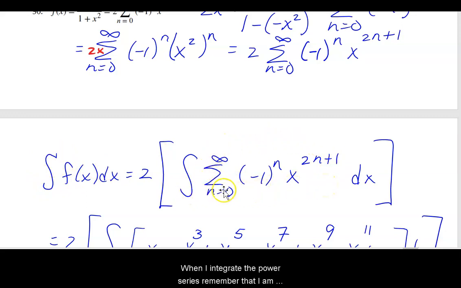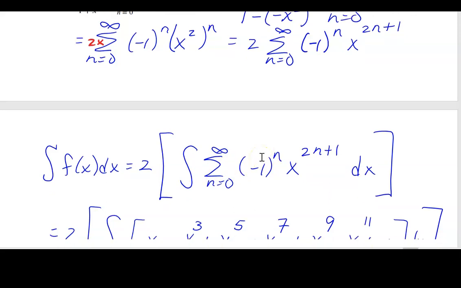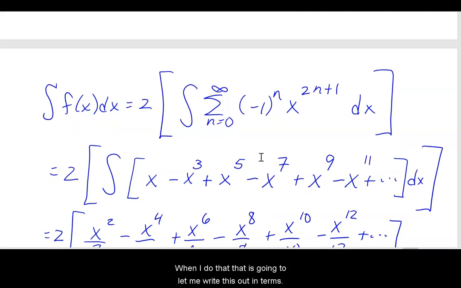When I integrate the power series, remember that I am integrating with respect to x, not n. That makes anything that depends only on n, such as the -1 to the n, basically into a constant. When I do that, that is going to let me write this out in terms.